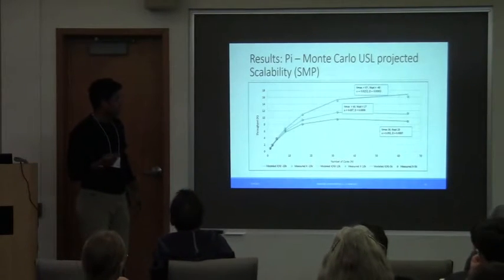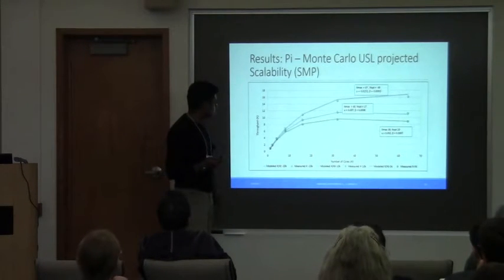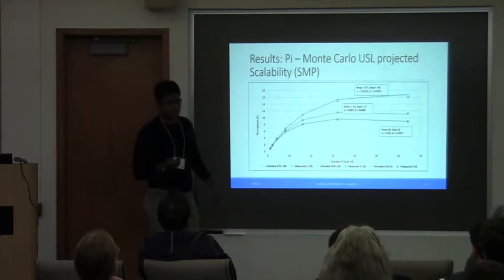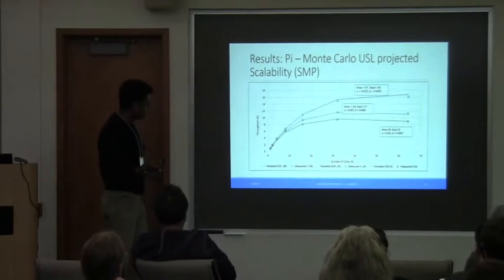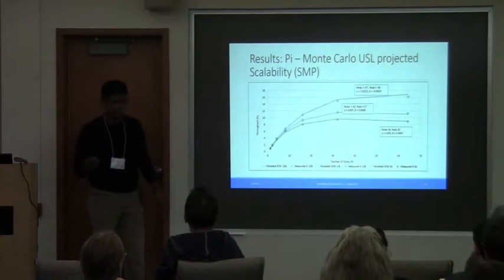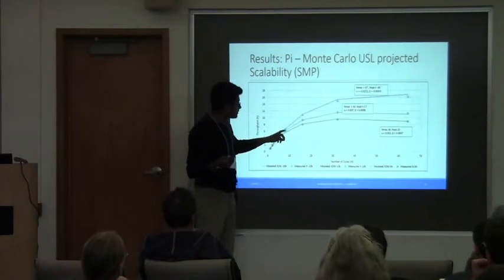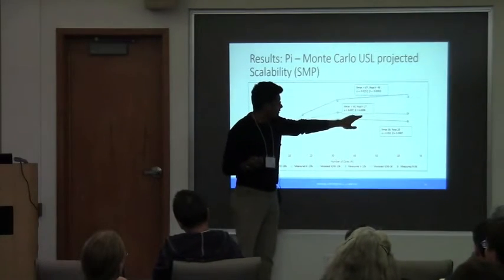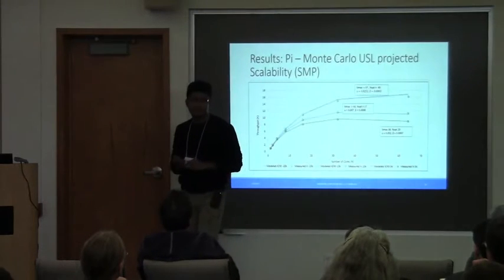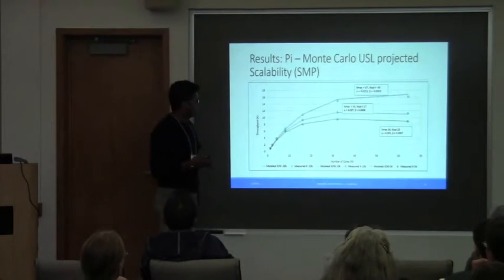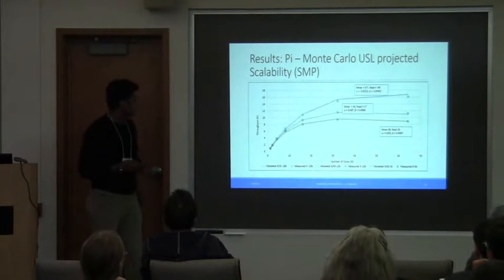This is a scaling graph for the same observation, where I compare it with the universal scalability law that Dr. Kaiser mentioned earlier. We observe that the latency is quite minimal, but the contention is a little bit more.